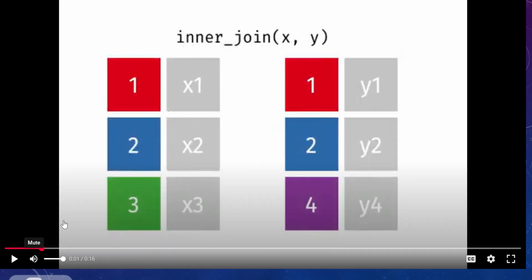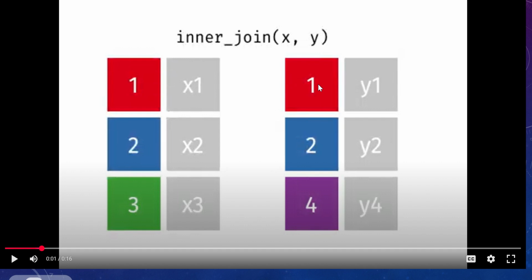For your understanding, I have included one video that will help you visualize this inner join more effectively. Let me play this. Assume that there are two tables, and in both tables there are two columns. Column 1 has values 1, 2, 3, and column 2 has x1, x2, and x3.